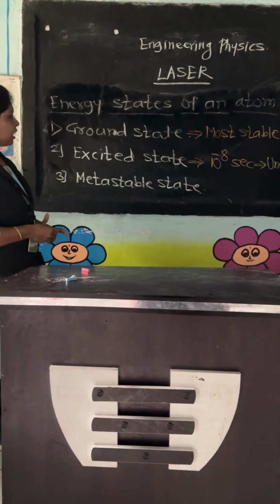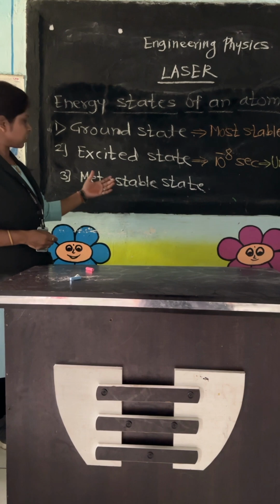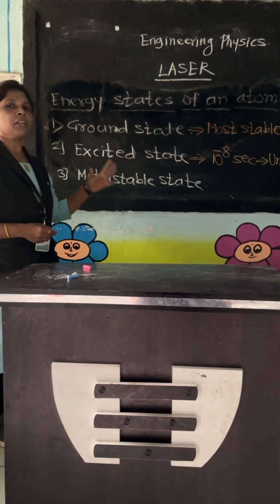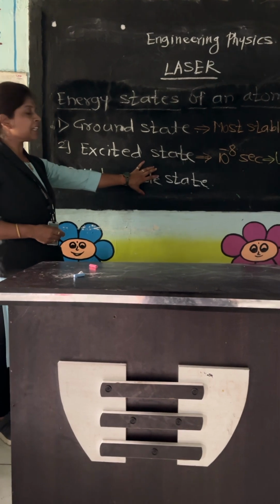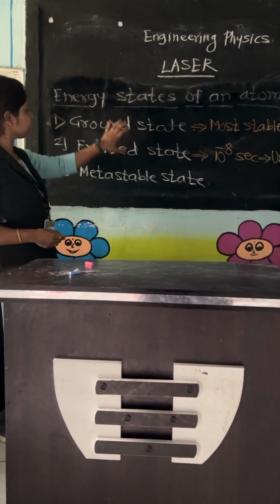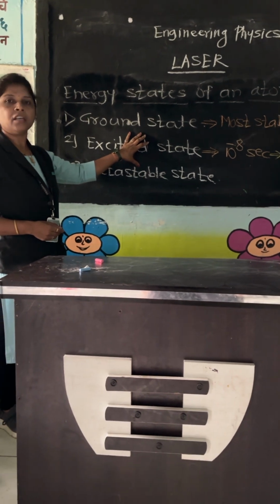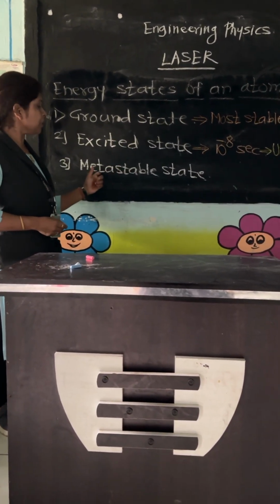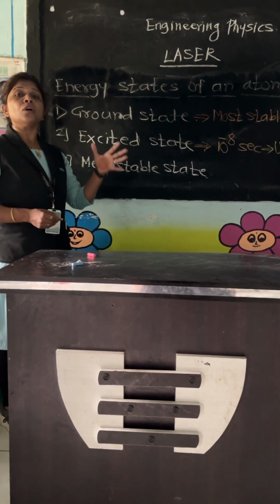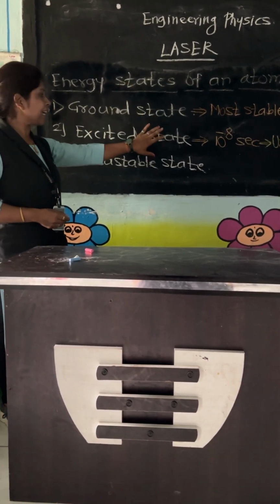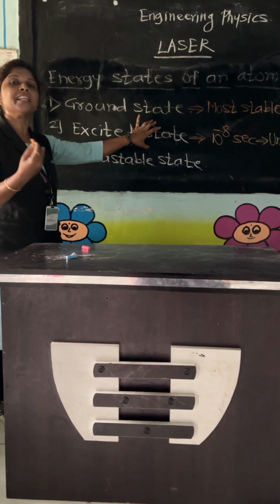Now, let's start the third one, metastable state. Listen carefully. Metastable state is the intermediate state in between the ground state and excited state. That means this metastable state is neither as stable as ground state nor as unstable as excited state.